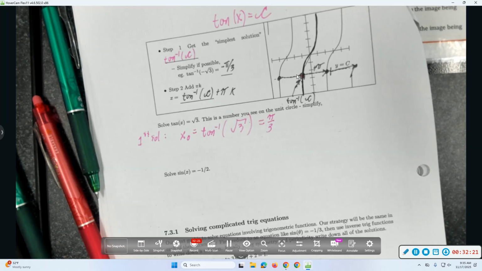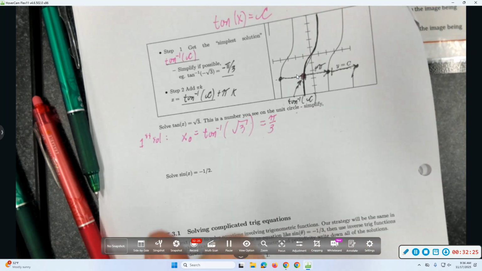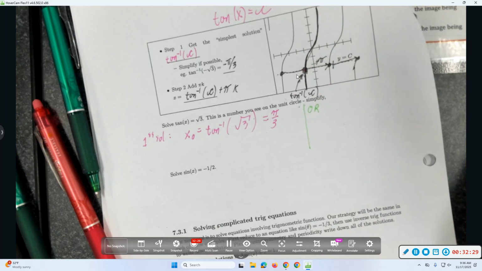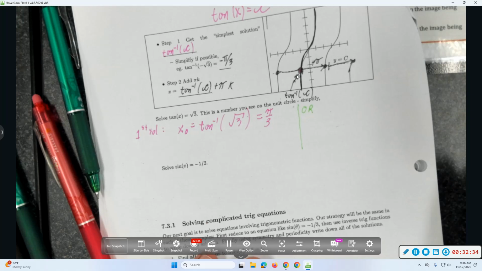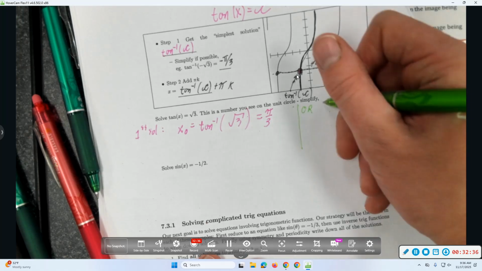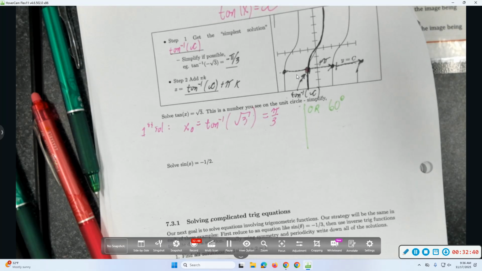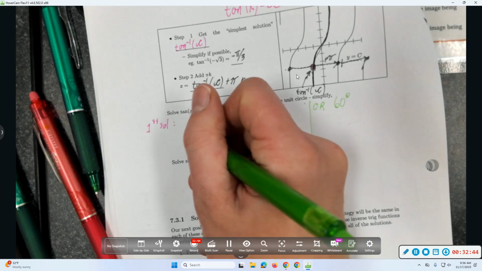So let's also do this in degrees. How many degrees is pi over 3 radians? So there's the initial starting solution. Pi over 3 radians is 60 degrees.